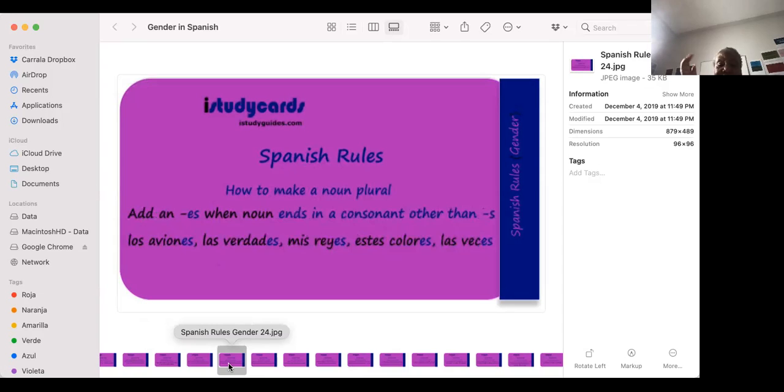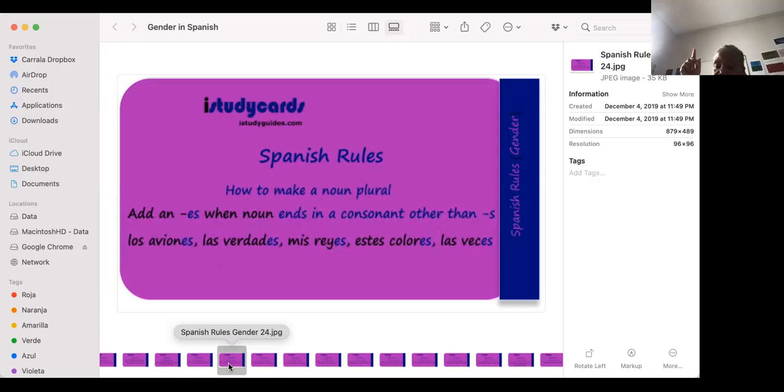Now you add ES when the noun ends in a consonant other than S. So avión ends in N, so you add an ES: aviones, verdades, reyes, colores, veces. Interesting, huh?